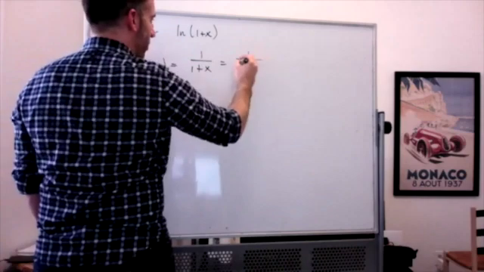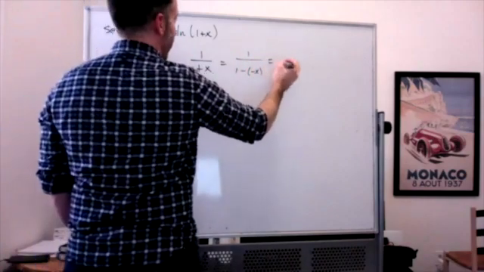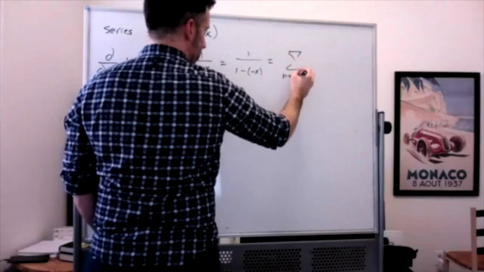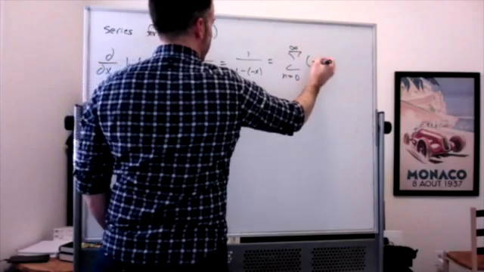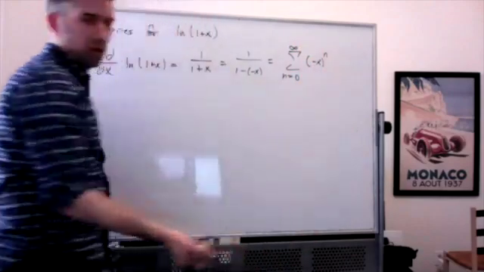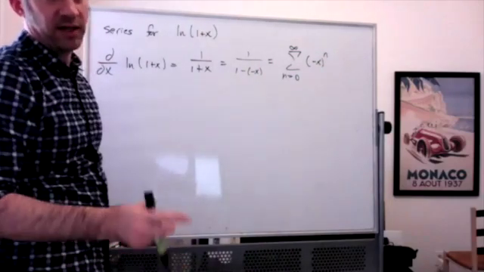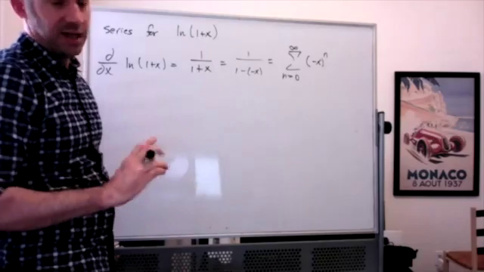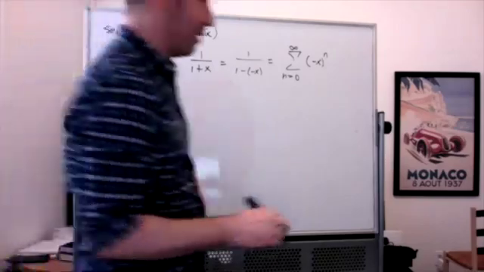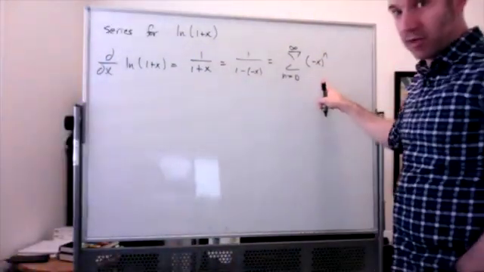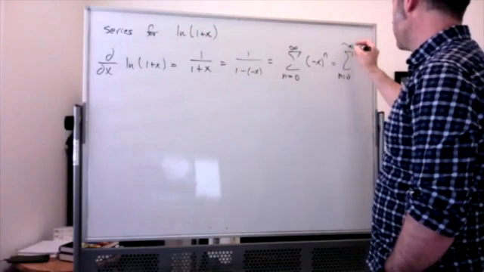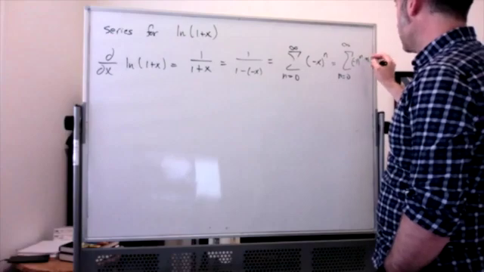It's 1 over 1 minus x, which is equal to the sum from n equals 0 to infinity of negative x to the n, or negative 1 to the n times x to the n. In fact, when you start using derivatives and integrals, you actually want to separate this, and it is in our interest to write this as the sum from n equals 0 to infinity of negative 1 to the n times x to the n.